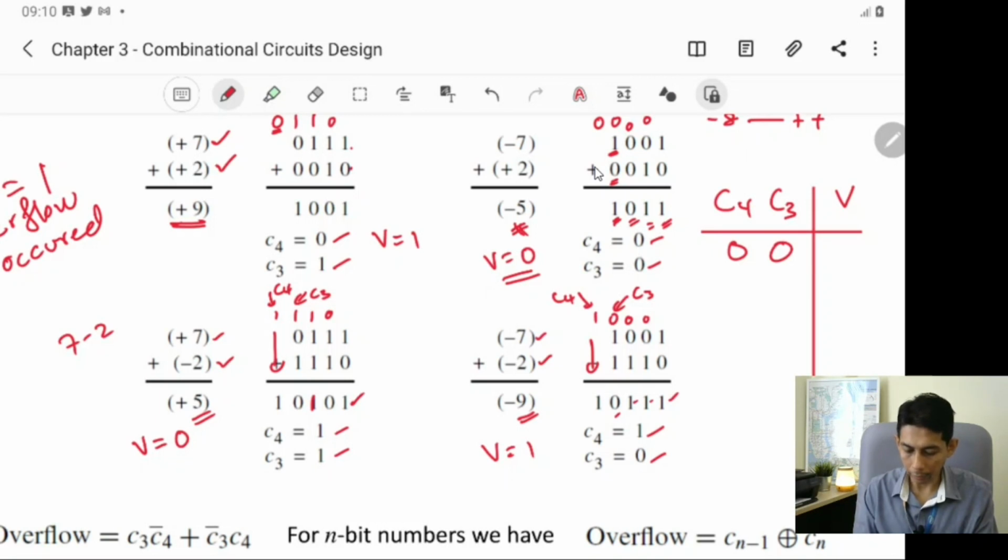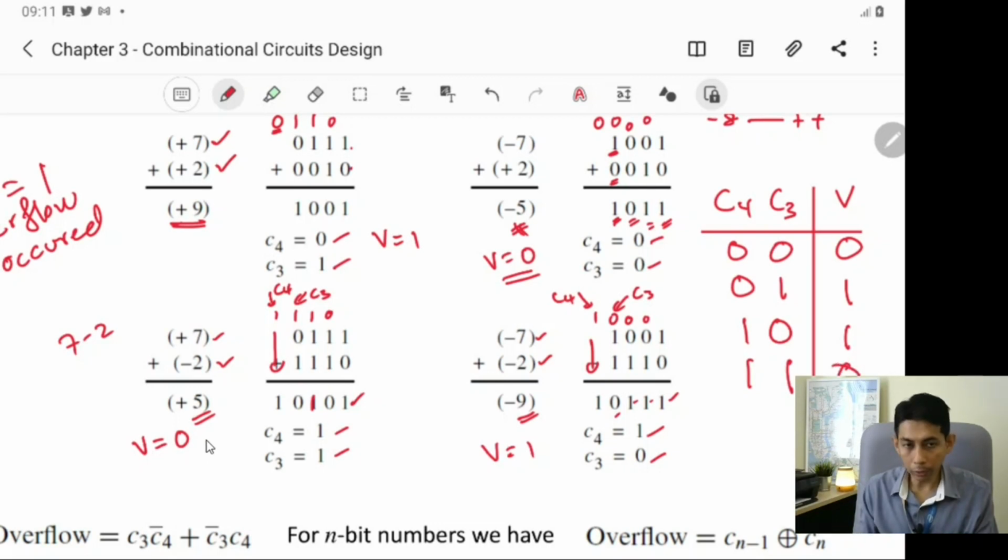C4 is 0, C3 is 0, so V should be equal to 0. If 0, 1, C3 is 1, so V equal to 1. If 1, 0, here V should be equal to 1. And the last one is 1, 1, V equal to 0.